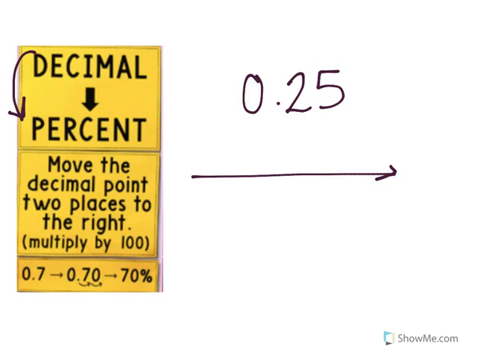So if I'm looking at the percent, this example here, the decimal that is here is 25 hundredths, because remember, the spaces to the right of a decimal point are the tenths, hundredths, thousandths. So this is 25 hundredths. So what I'm going to do is move my decimal 2 places to the right.